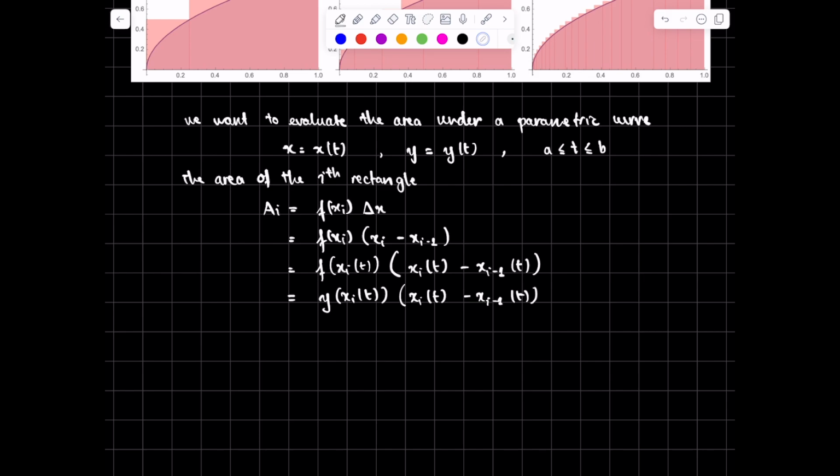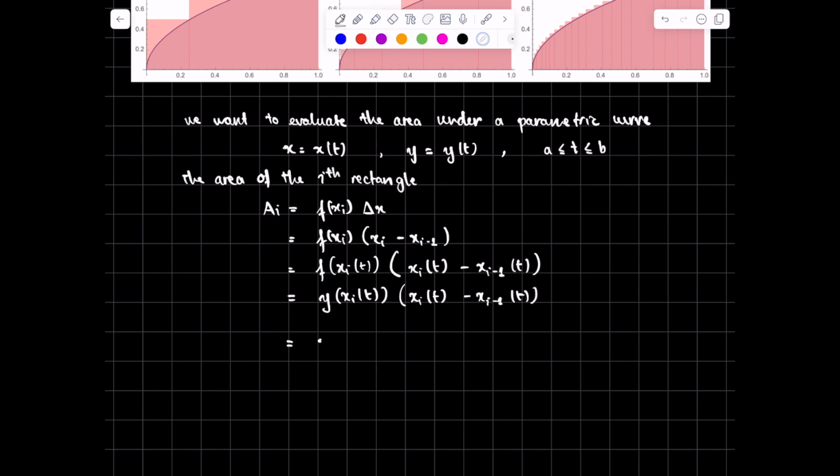You want to manipulate this formula a little bit more by multiplying and dividing by t sub i minus t sub i minus 1. So you want to see the difference in t. Right. Again, you want to involve the parameter t in the calculations.